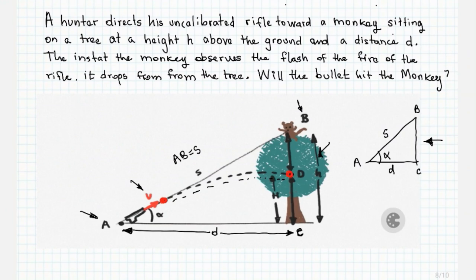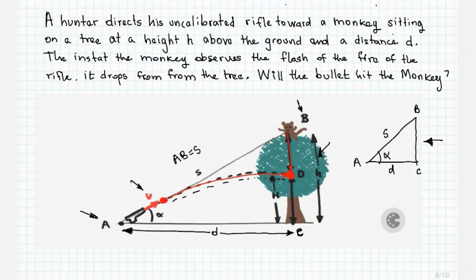The bullet travels this distance along the parabolic path, but the monkey drops from the top of the tree and it travels this distance. So at the time t, the bullet reaches the point D, right?